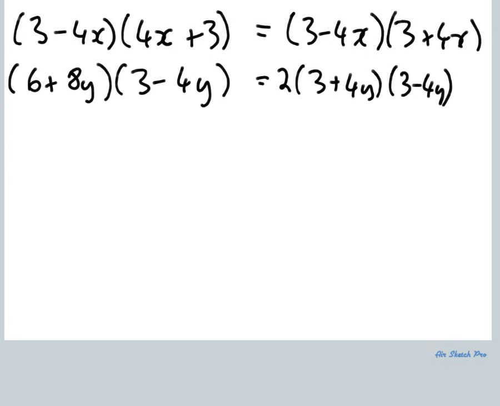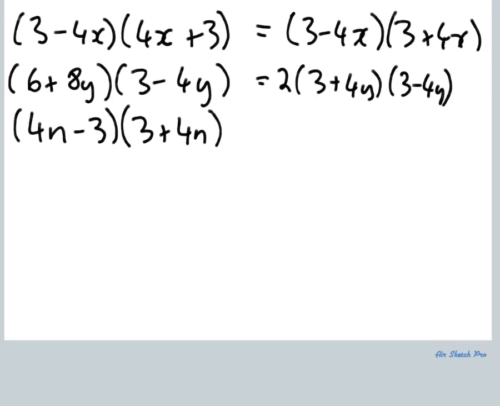Now, this one here is really common. Just want to make sure I'm getting it right here. Four n minus 3 times 3 plus 4n.